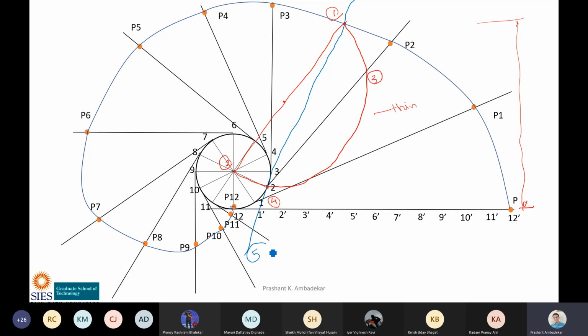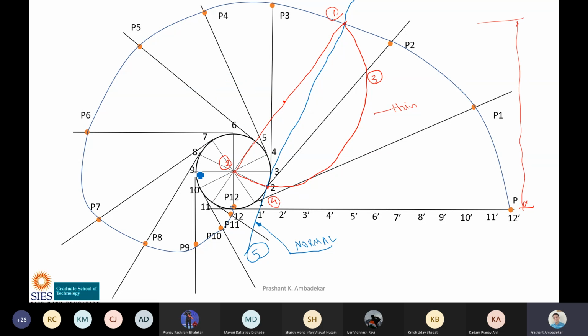This is number 5, and this line is called the normal. So if I want to write normal on this, I will write normal. This is the leader line, and a line perpendicular to this is called the tangent.